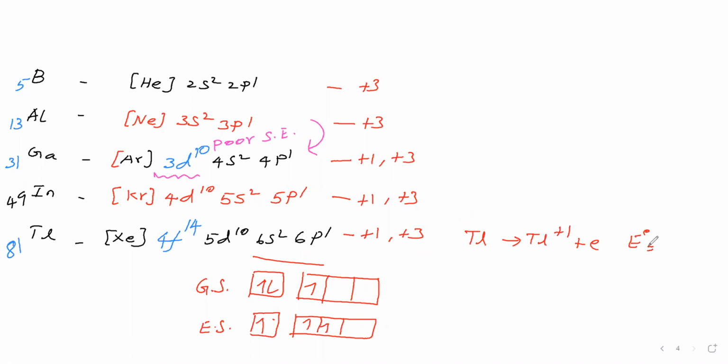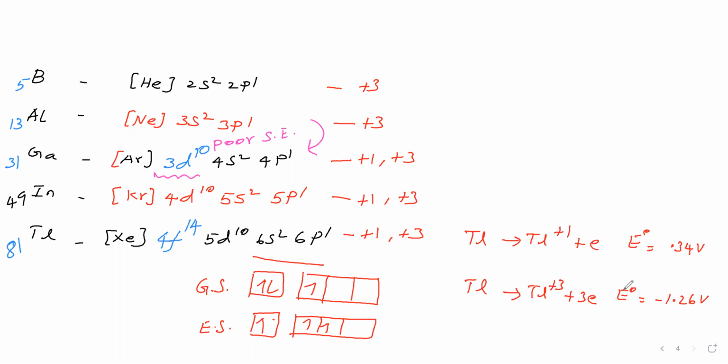Regarding thallium converting into +1, for that we will see the potential. The potential for converting into +1 is 0.34 volt. For converting into +3, we'll see that potential too. Now see, for converting into +1 the potential is positive, and for converting into +3 the potential is negative.